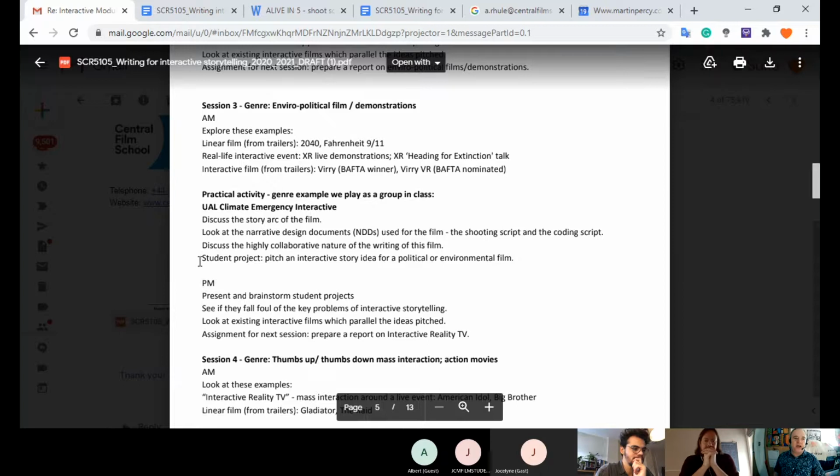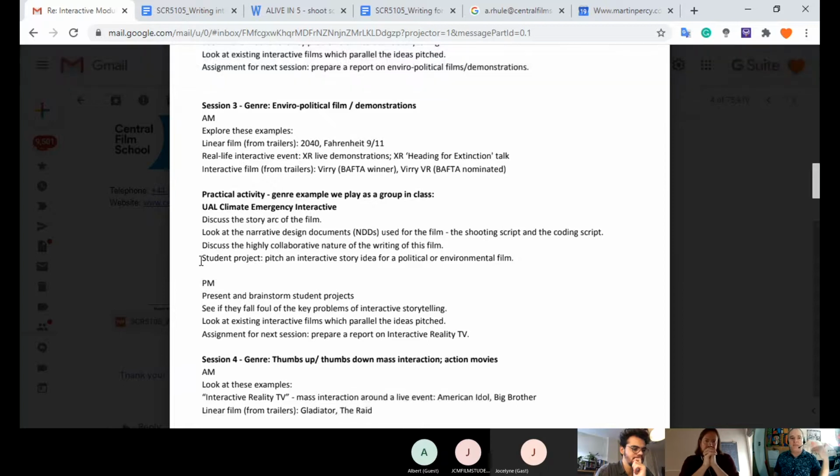So then the student project there is to pitch an interactive story idea for a political or environmental film. Generally it is notable that young people these days are really politically motivated. The energy and anger going into demonstrations at the moment is quite different from what it was in the 20th century, apart from, say, the 60s or 70s.